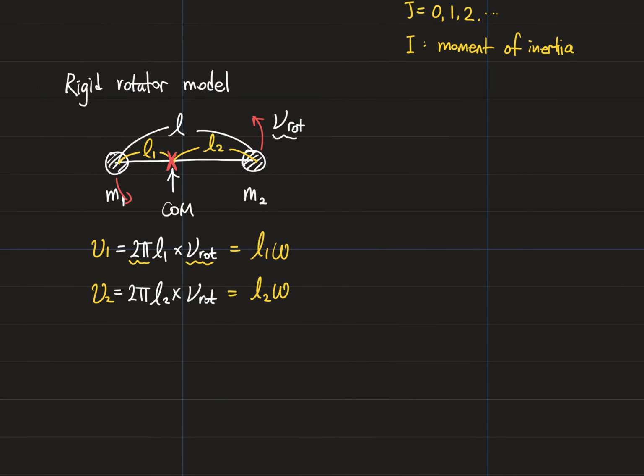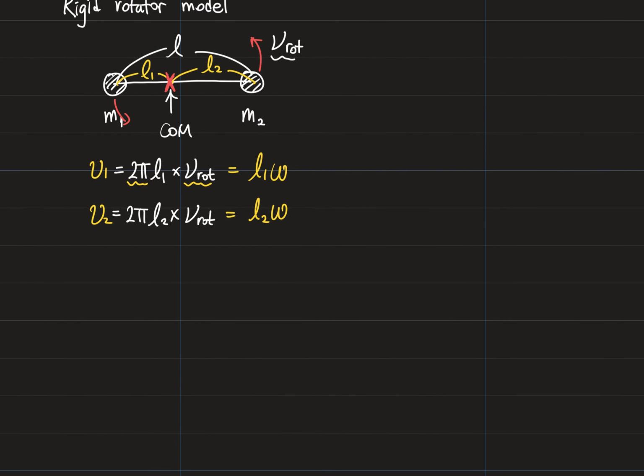From this relation, we are going to define the kinetic energy of the rigid rotator. The kinetic energy T is simply the sum of the kinetic energy of each particle: half of m1 multiplied by v1 squared, plus half of m2 v2 squared. We already know the expressions for velocity 1 and velocity 2, so they are given here.